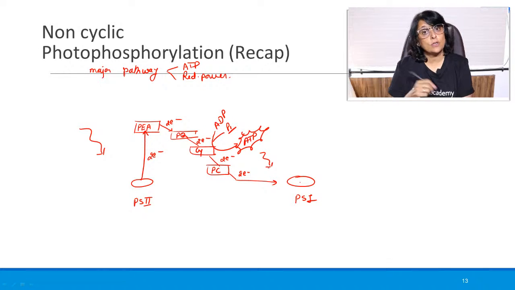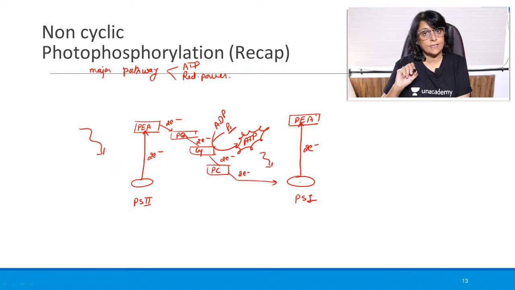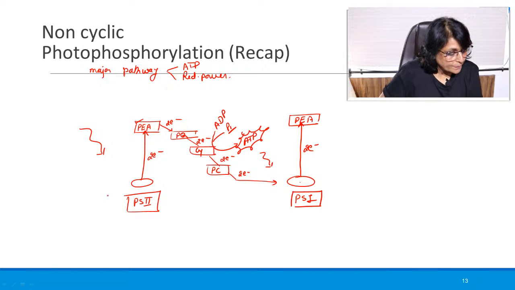PS1 also receives photons. So from here also a pair of electrons gets excited, and this is accepted by its primary electron acceptor, that is the primary electron acceptor of PS1, and this was the primary electron acceptor of PS2.